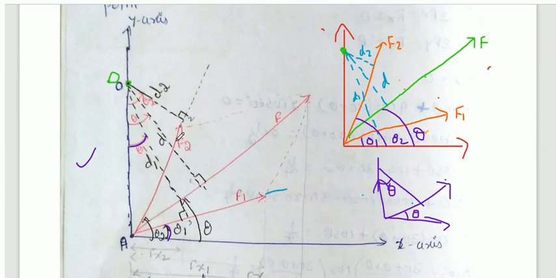Again, F2 making an angle theta 2 with respect to the x-axis, the perpendicular drawn to F2 makes the same angle theta 2 with respect to the y-axis. Then F makes an angle theta with respect to the x-axis, so the perpendicular drawn to F makes the same angle theta with respect to the y-axis.